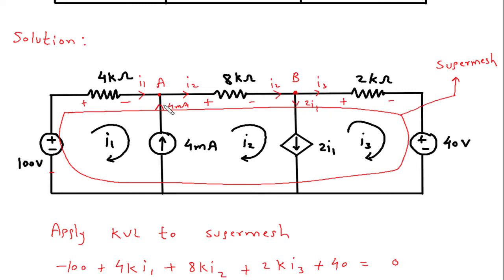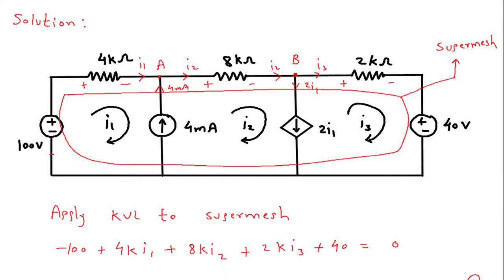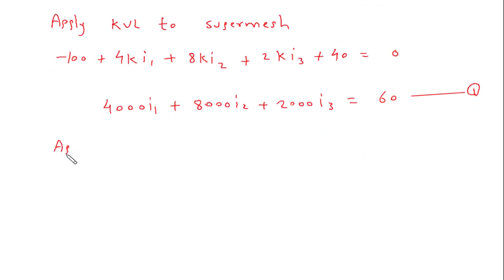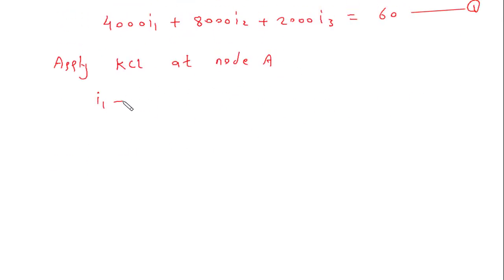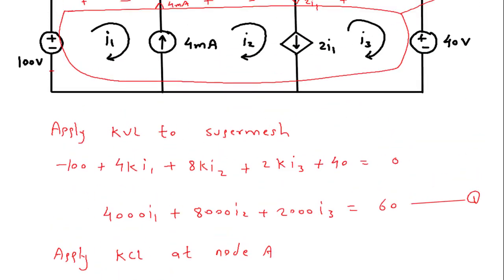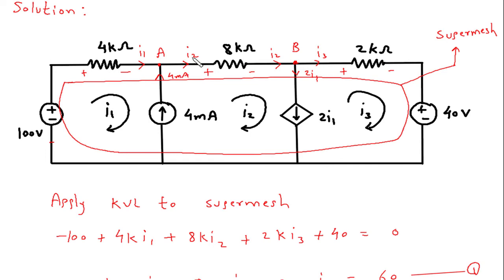So we will apply KCL at node A. So this will be, entering current is I1 plus 4 milliampere is equal to I2.